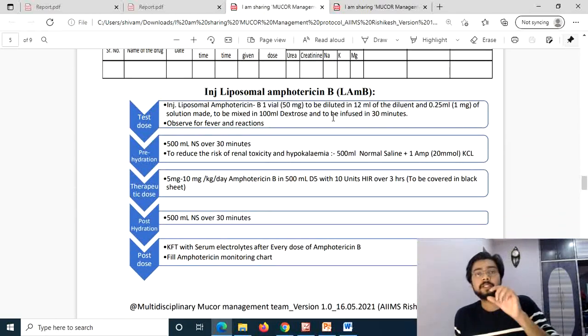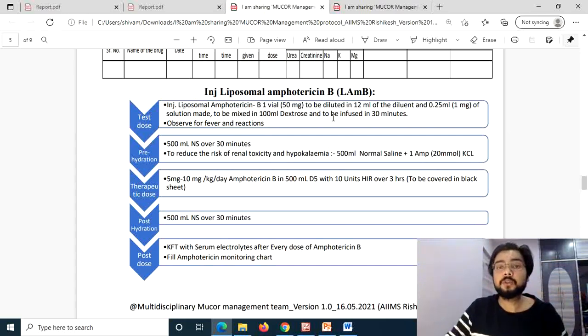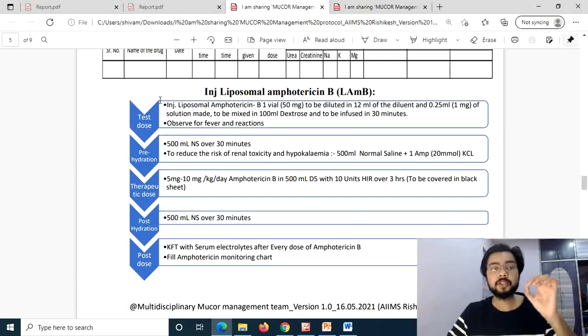Now this is what I was saying, before giving amphotericin B you should know some points. You should always do a test dose. In the test dose, you are going to take one vial, that is 50 mg, to be diluted in 12 ml of diluent.